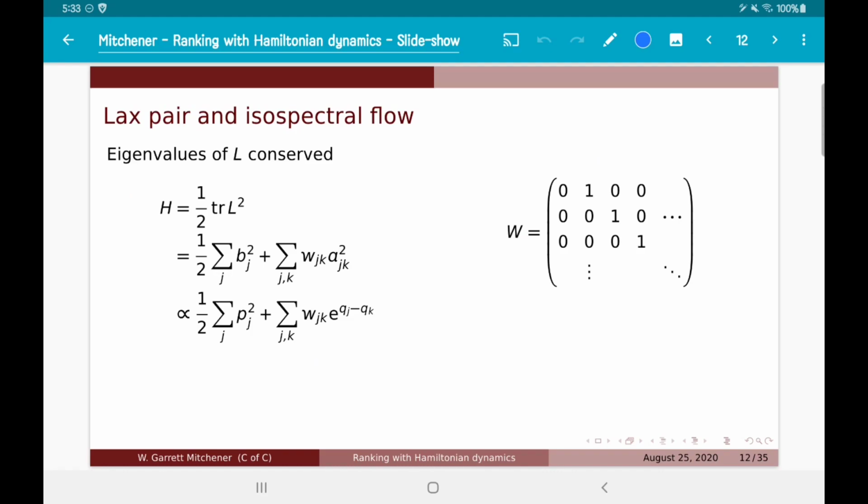The key to this is that the Hamiltonian that you get for the Toda lattice looks like this. And in the case of this band diagonal weight matrix for a chain of particles, it turns into this, which is very much like what I was starting with in formulating the Hamiltonian a few pages ago. So what I'm going to do is try to generalize this and see what happens.